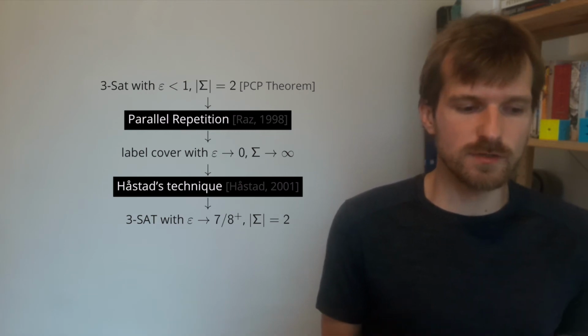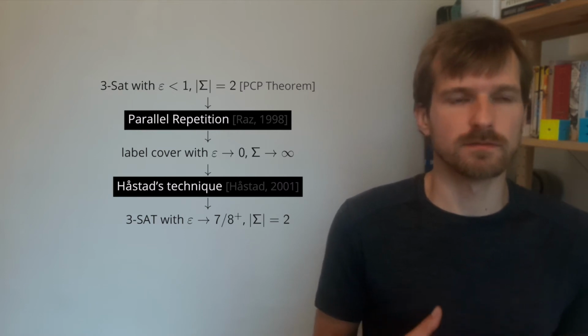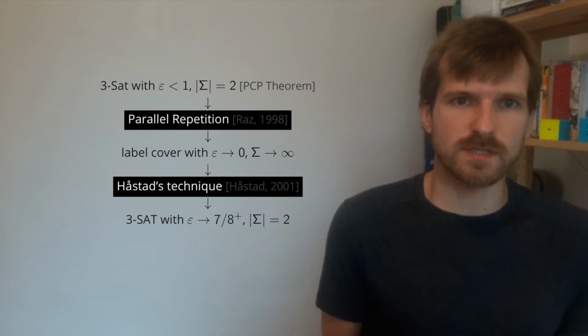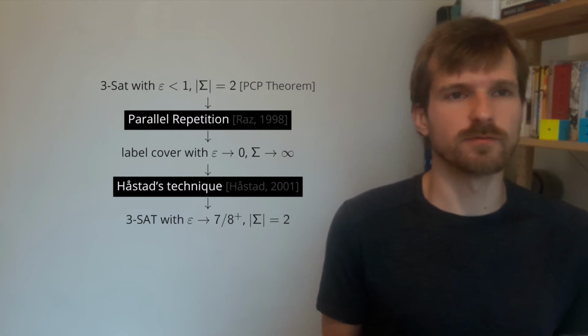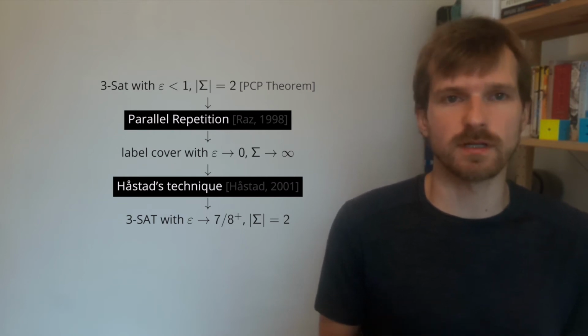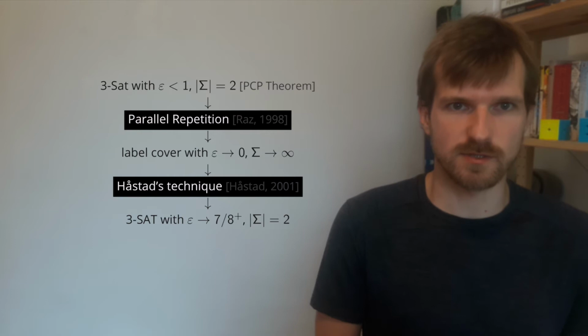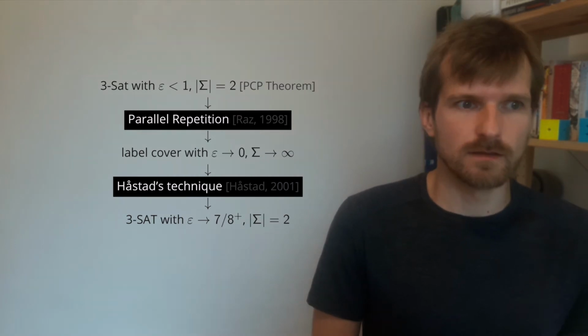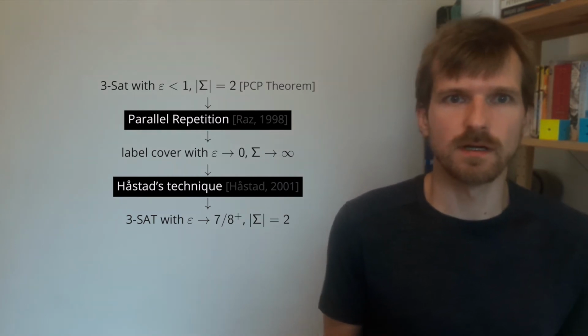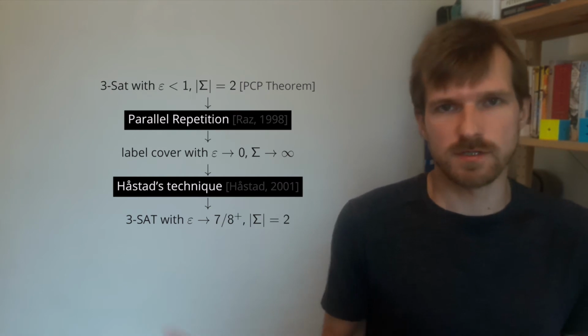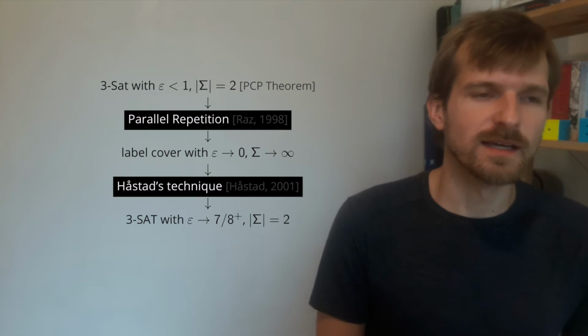And if you choose the parameters of this reduction right, you don't ruin the epsilon too much. So for this particular example, you can bring the epsilon as close to 7/8 as you want. This essentially proves the theorem. Of course, there are a lot of things hidden in this second black box.